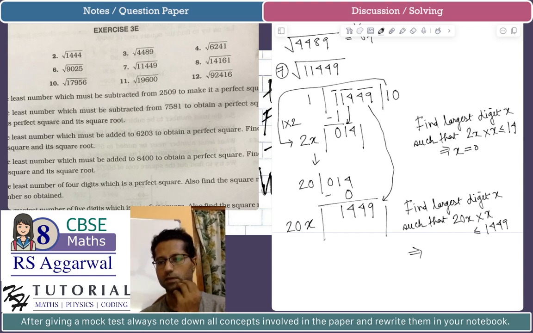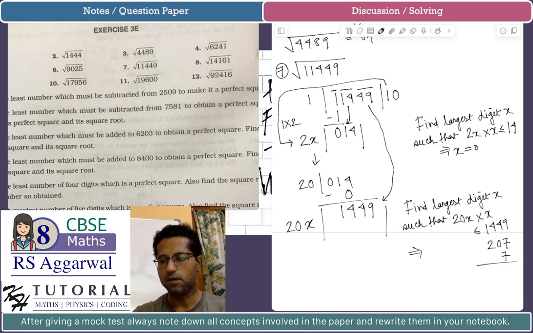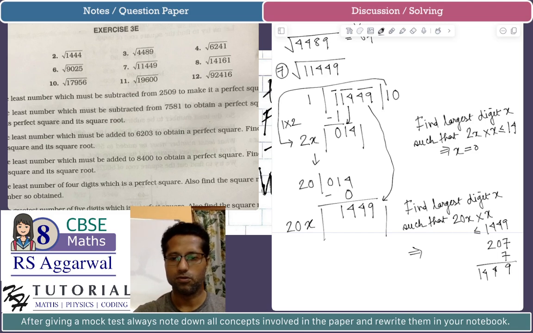Now can it be 7? Yes, you can see that if I consider x as 7, then 207 multiplied by 7 is 1449. So over here x will be 7.